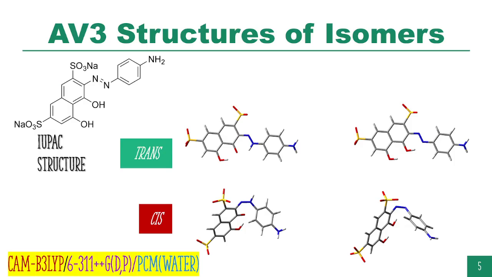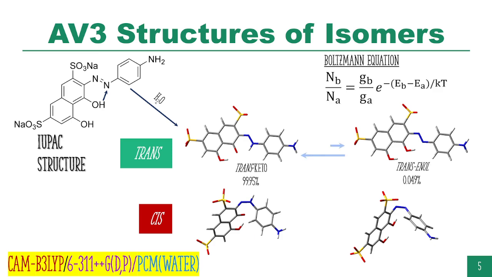All right, let's take a look at one example related to the research I did in my undergrad. Acid violet 3 was predicted to have the structure on the left, the IUPAC structure. You would think that maybe this is the lowest energy configuration, which is similar to the structure on the right. We call that trans-enol, similar to the IUPAC structure. We would think that is the lowest energy configuration.